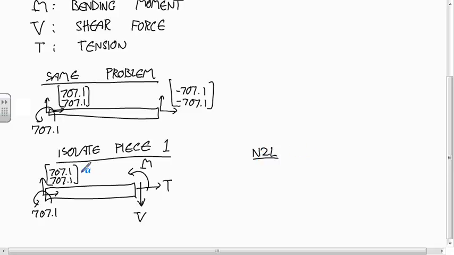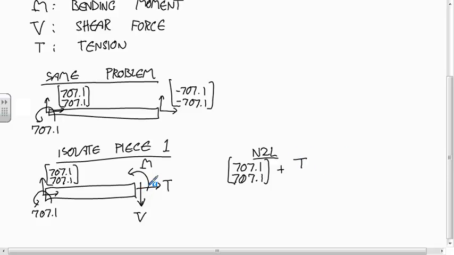Newton's second law says add up all the forces. So 707, 707 plus, now you have to be careful, because we have this funny sign convention that doesn't correspond to the vector sign convention. So you have to be careful with the signs when you express these as vectors for Newton's laws. So the tension, is that pointing in the positive x direction or negative x direction? Positive.